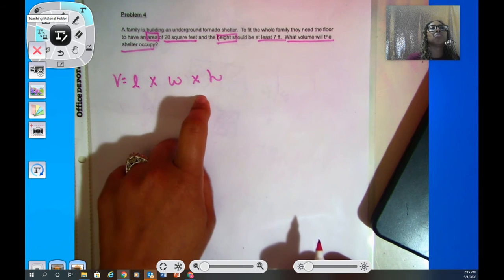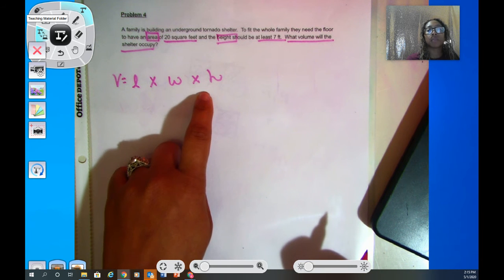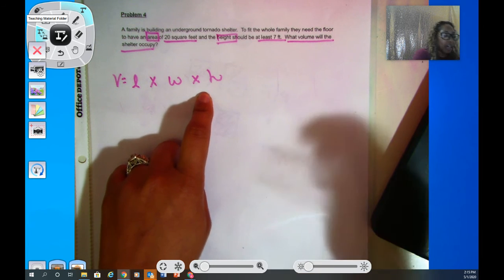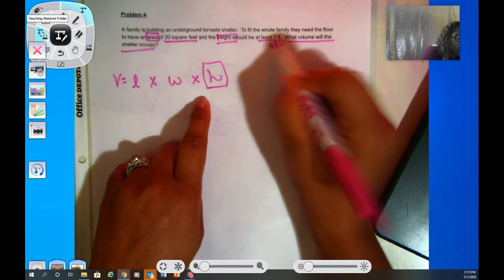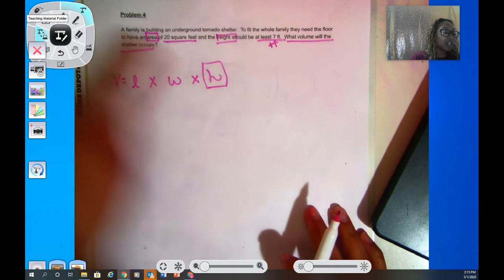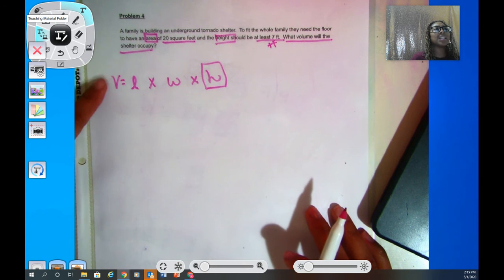So what information do we have in the problem that matches this formula? You're right. We only have the height. We know that the height is going to be 7 feet. That's written right there. But they don't say anything about length or width in this problem, so it doesn't really make sense to use this formula.